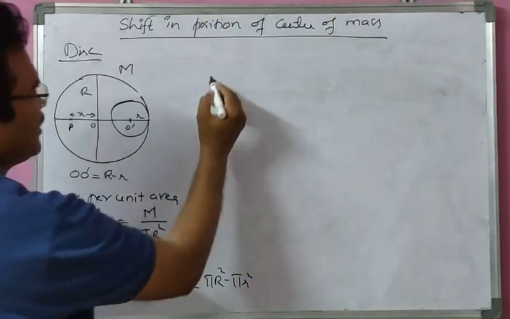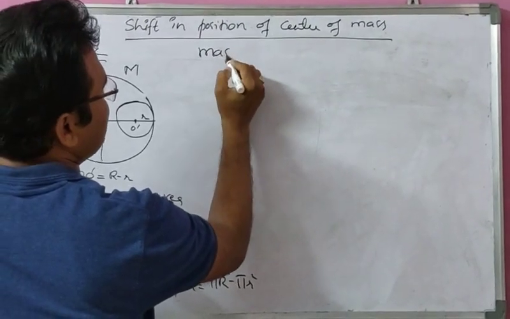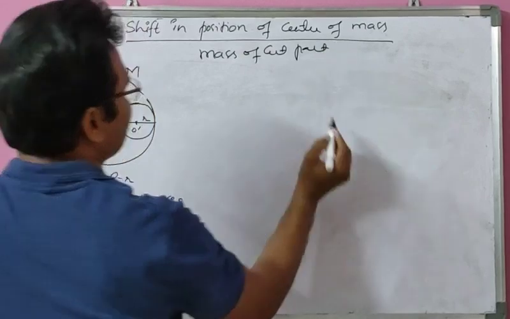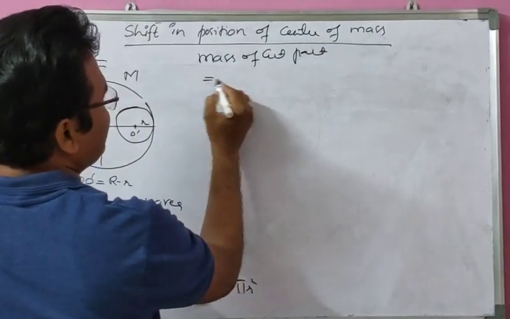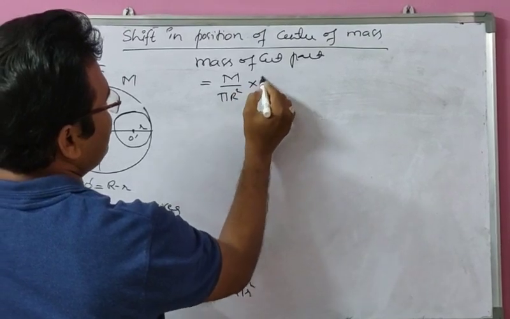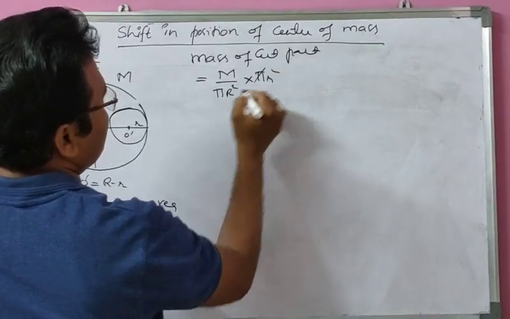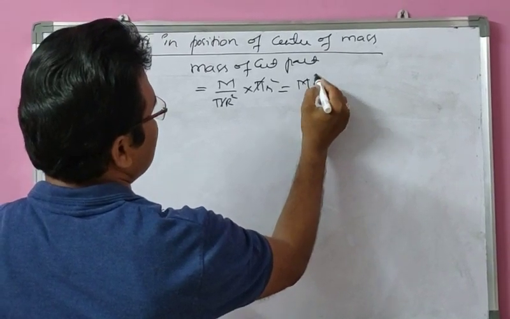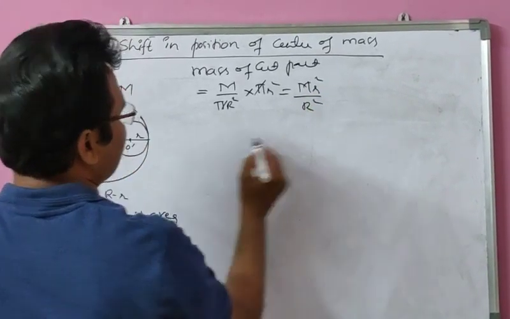Then I'm writing now the mass of the cut part. Mass of cut part will be m by pi R square into pi r square. This pi gets cancelled out, and we get m r square by R square.